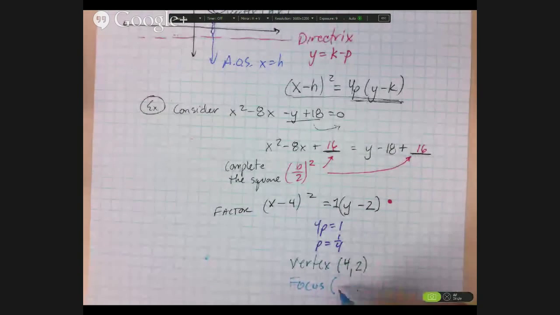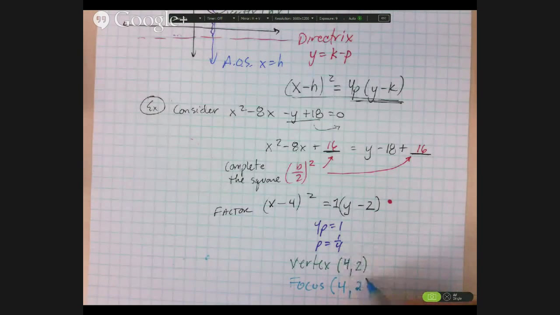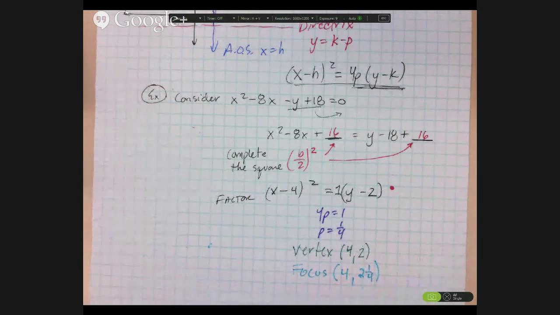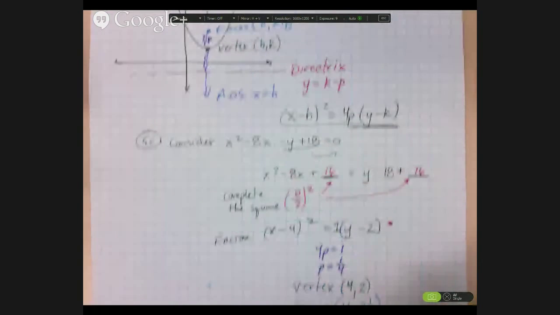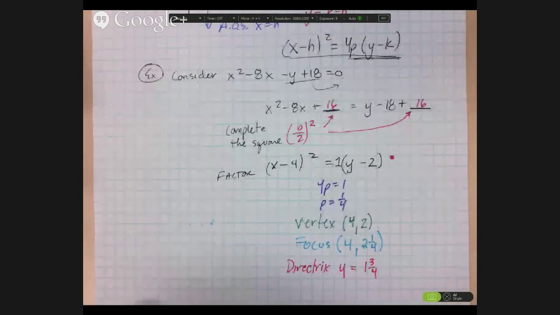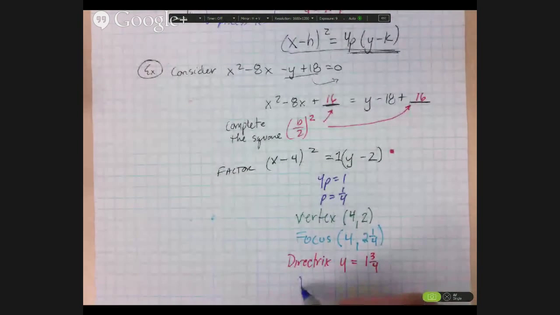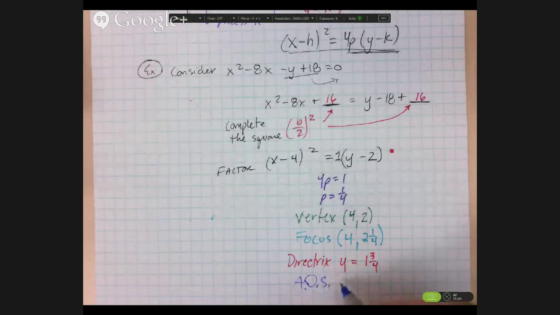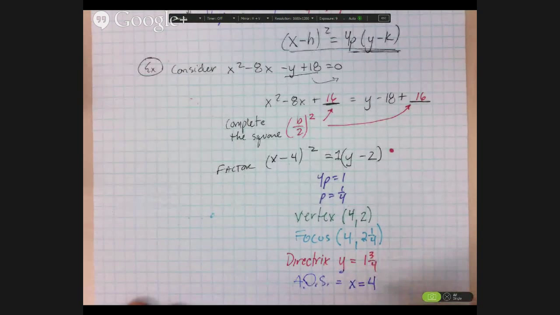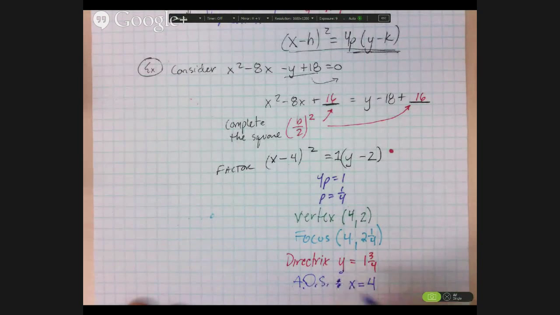Yeah, the y is changing. So 4. Yep, add it to the y. p plus k. Directrix. y equals k minus p. And the axis of symmetry, x equals 4.